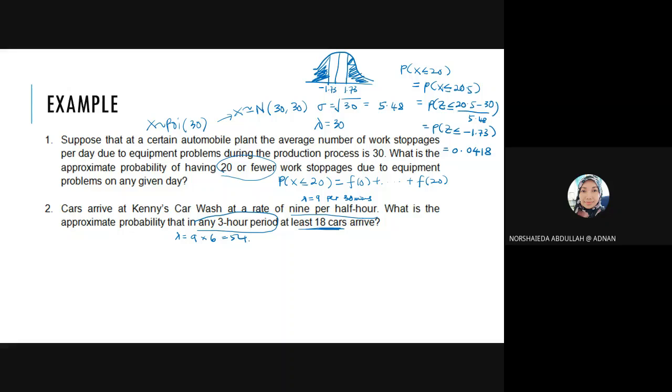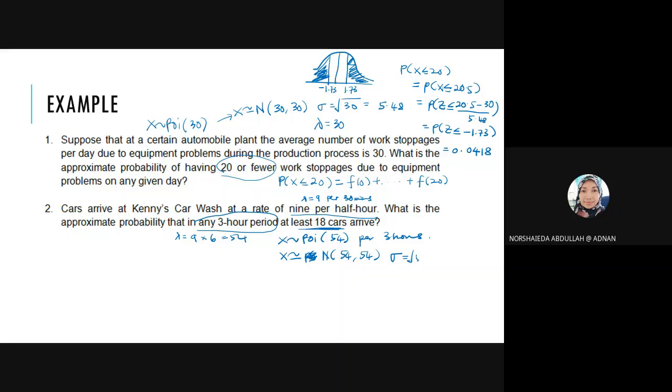Okay, so lambda is large, more than 20. We can use the normal approximation. The original distribution is Poisson with lambda equal to 54 per 3 hours. So we can use the normal approximation. Normal, mean equal to lambda, variance equal to lambda.